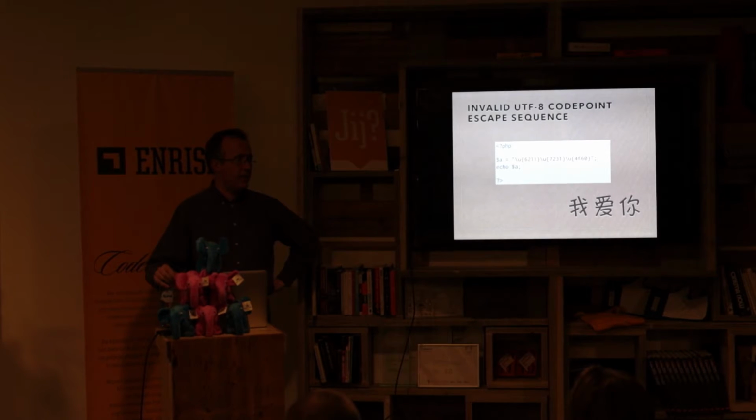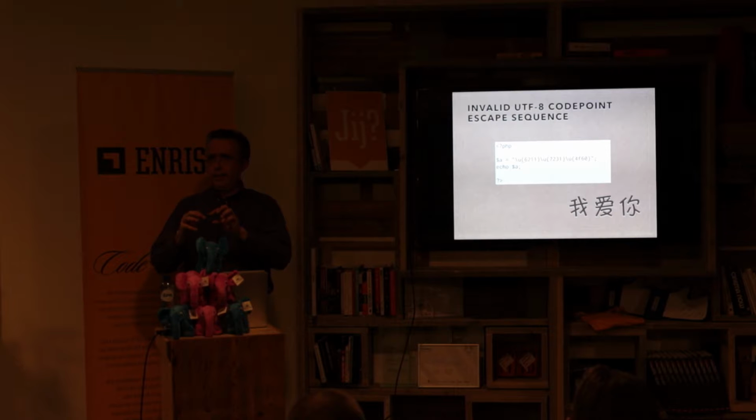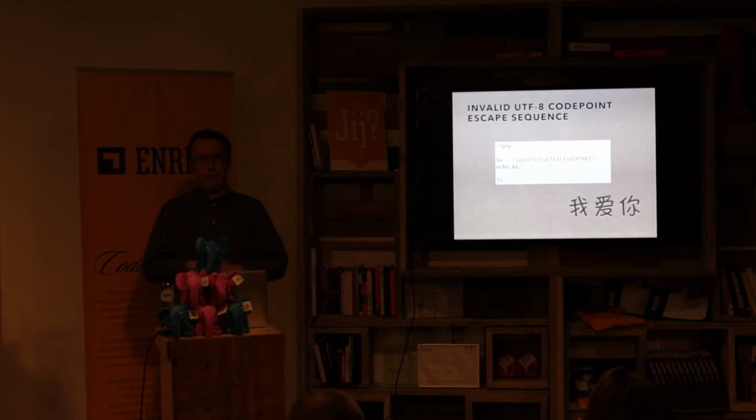Another new thing in PHP 7 is an extra escape sequence. So you already know the escape sequences we have, which represent some odd-to-fill-in characters that we can put into strings, like \n, \r, \f, \0, things like that. Here we have one for Unicode.